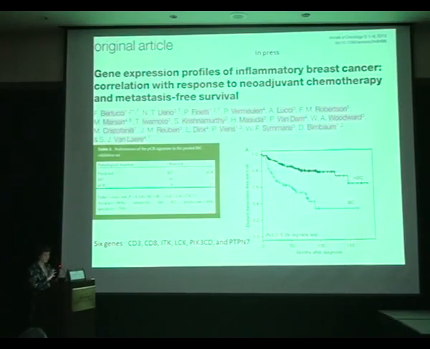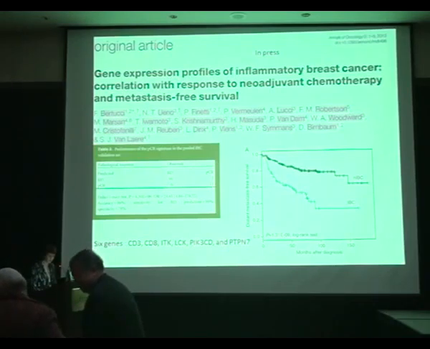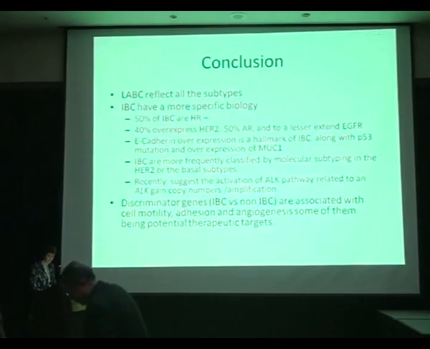For the tumors having these signatures, the level of response to neoadjuvant chemotherapy can be very high. And on the opposite, if you look in terms of prognosis in a series of breast cancer, there is a very huge difference of prognosis with the signature and without the signature of inflammatory breast cancer.